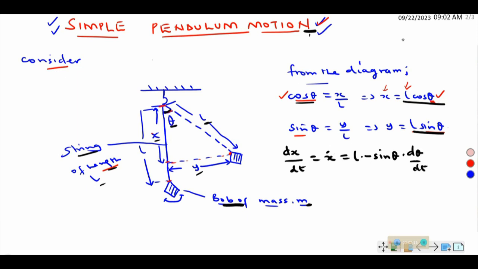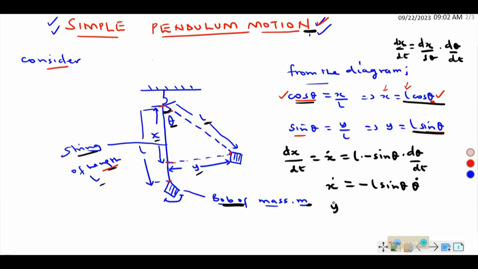So how does this come? If you have dx/dt, it is simply dx with respect to theta, multiplied by dθ/dt. That is exactly what we have done. So this is the same as negative L sine of theta, then dθ/dt, which we can represent with theta dot, and this will be our x dot.